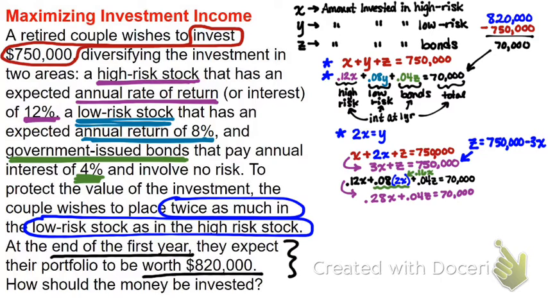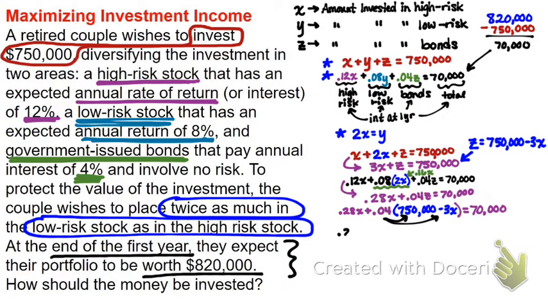So now down here below, I'm going to have 0.28x plus 0.04 times 750,000 minus 3x equals 70,000. What do we do from there? Distribute.